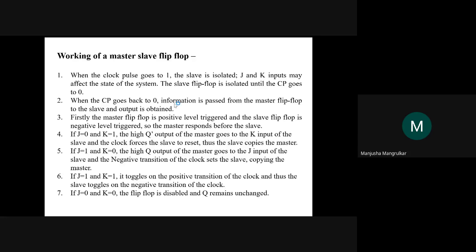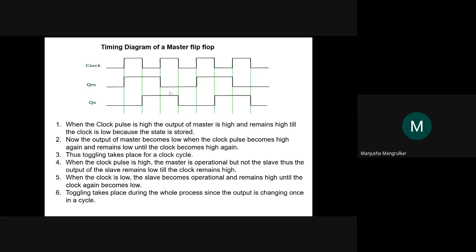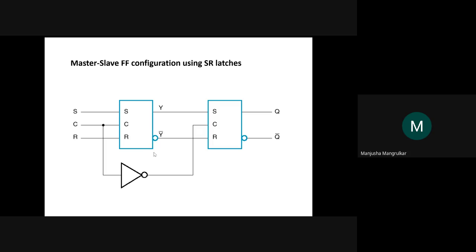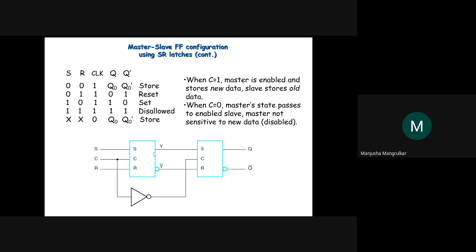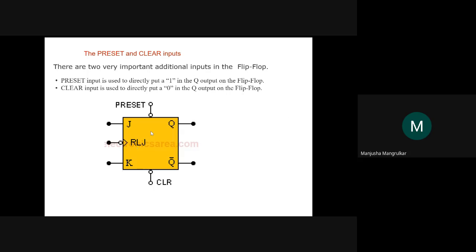We have seen the working of the master and slave flip-flops, how the clock pulses work in them, and we have seen the preset and clear inputs in a flip-flop also, and what is the use of preset and clear at the very first initial stage.